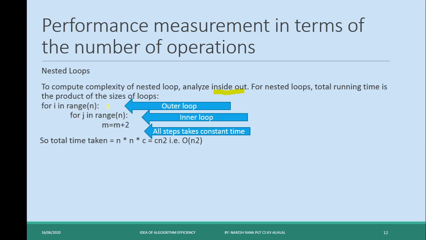Here this is our outer loop, this is the inner loop, and this is the step with constant time. So the time taken is n into n into c, which is equal to c n square, that is order O(n square).